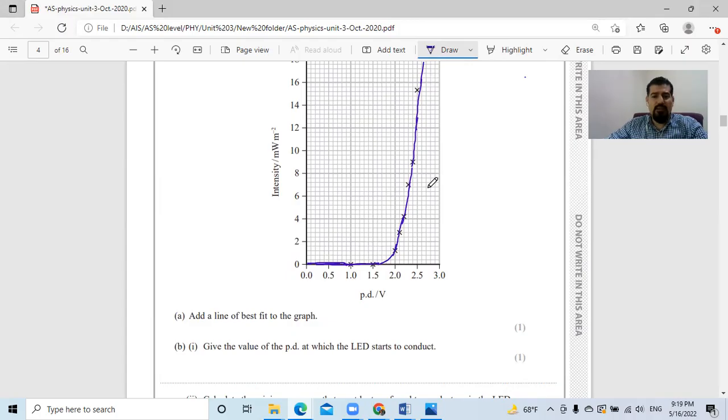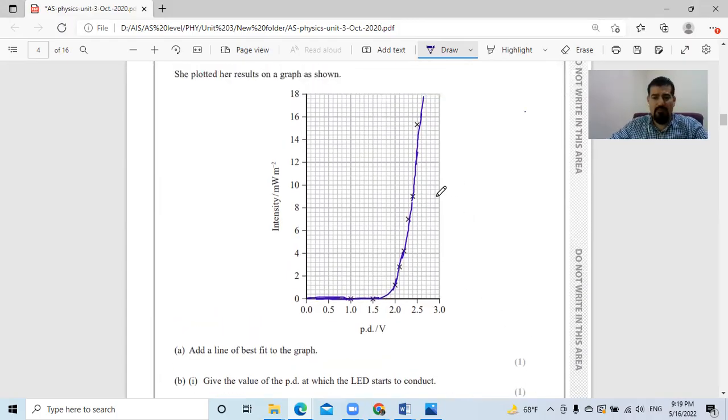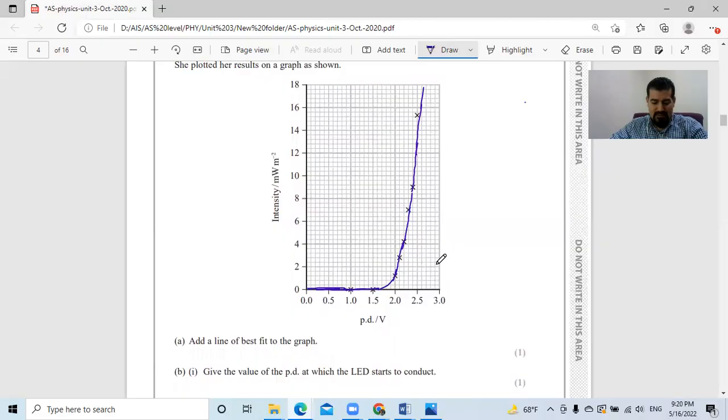For this smooth line, you get 1 mark. Any question? Try to make it smooth, don't do like what I did. If I had a pencil, I would draw it as smoothly as possible.